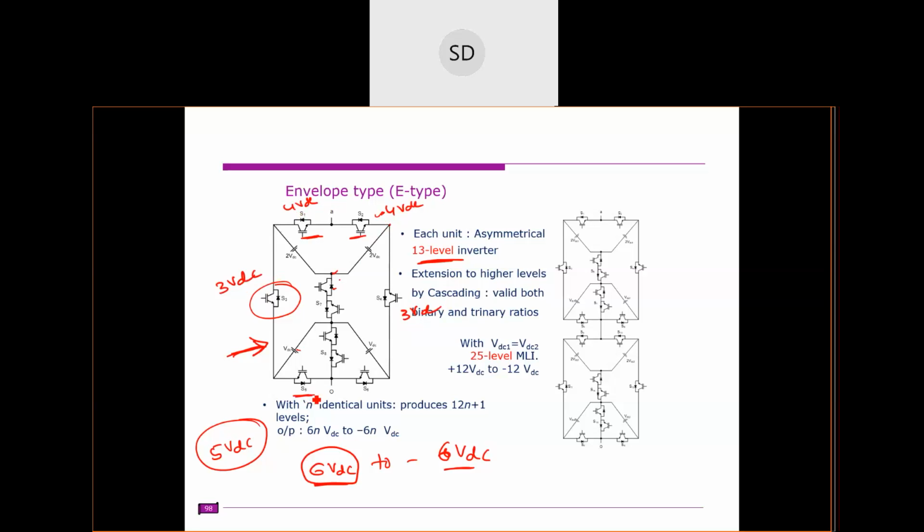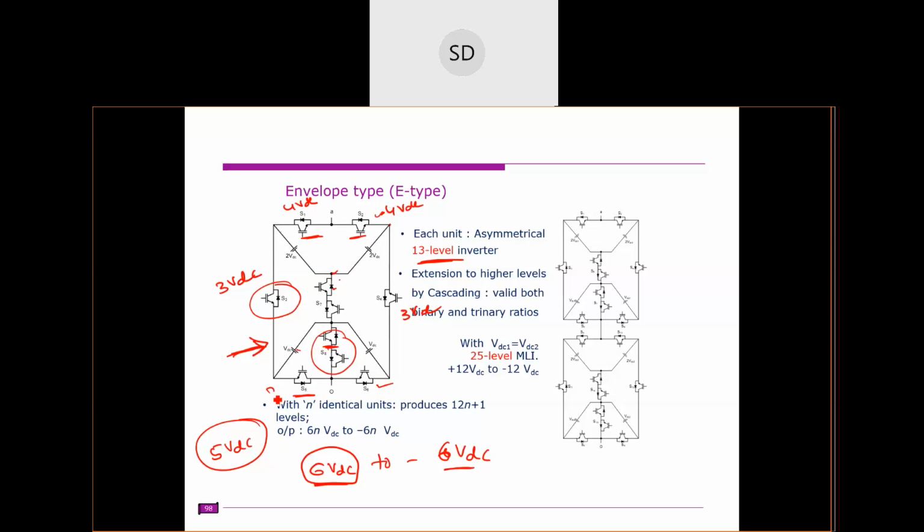What is the blocking voltage for S5? 2 VDC. If this is on, there are two options. If this is on, its blocking voltage is VDC. If this is off and this is also off, what is its blocking voltage? 2 VDC.